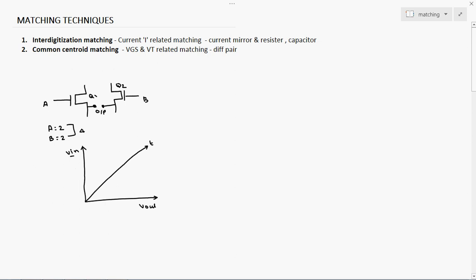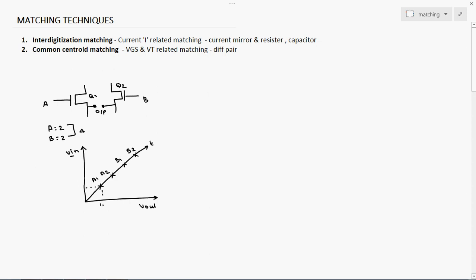A is equal to 2 multipliers, B is equal to 2 multipliers. Suppose, without matching, we are placing the transistors as A1, A2, B1, B2. What will happen? The first transistor will turn on initially.